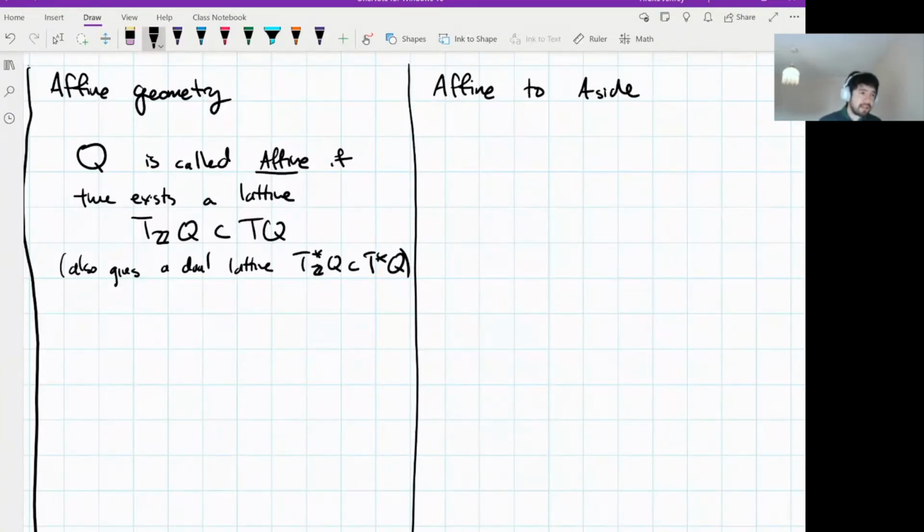Another way of saying what an affine space is: the space which is glued together from charts that look like R^n. But when I glue together the charts, I'm only allowed to use SL_n transition maps. So it's a very, very rigid space. In fact, there are not a lot of these things.